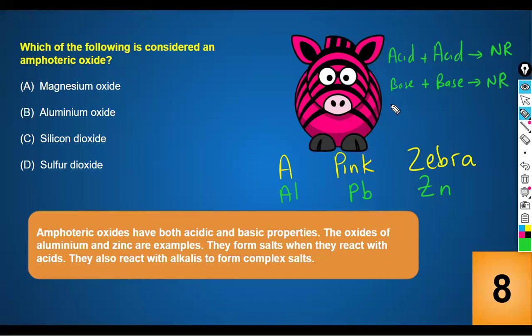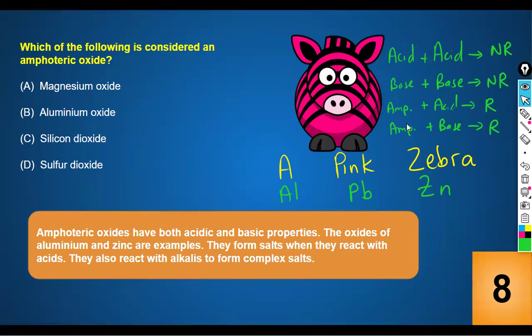But amphoteric, I'll put AMP. An amphoteric plus an acid will give you a reaction. R is for reaction. And even if you take an amphoteric and you add a base to it, you get a reaction. Amphoteric doesn't care. Give it a base, it will react. Give it an acid, it will still react.